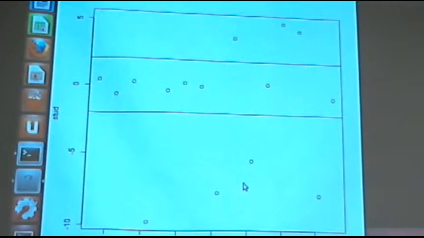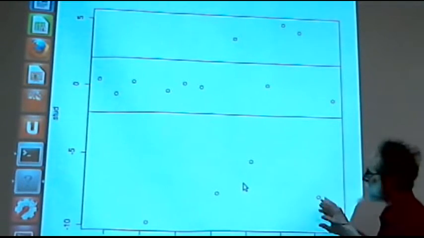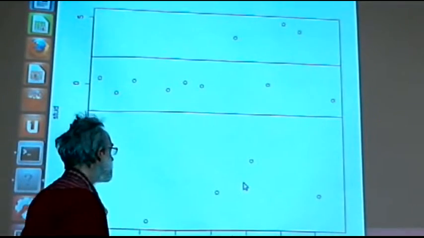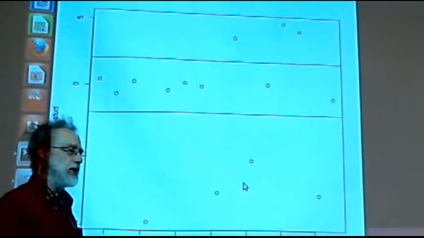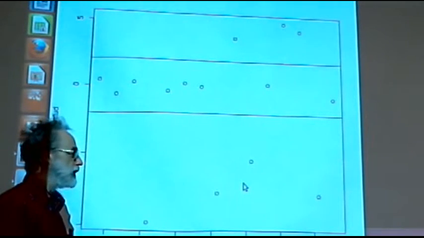You know, if this was real data, you might investigate some of these points, especially these down here. When you had a gap like that, you would investigate it in real life, because maybe there is something else going on.